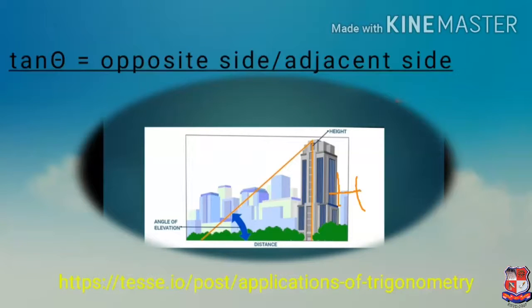So, as you can see in the image, there is one building. Suppose its height is h, d is the distance between the instrument and the building, and theta is the angle of elevation to the top of the building.